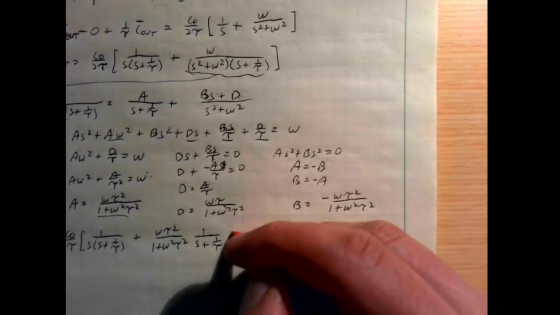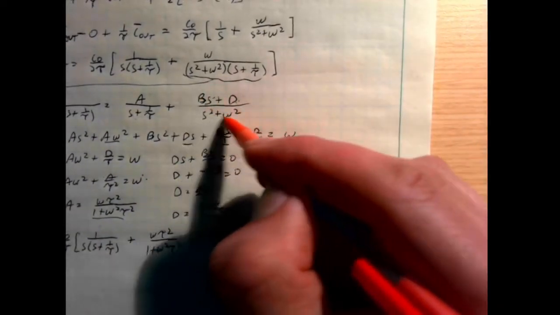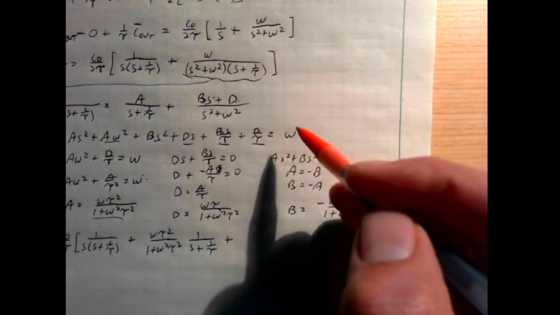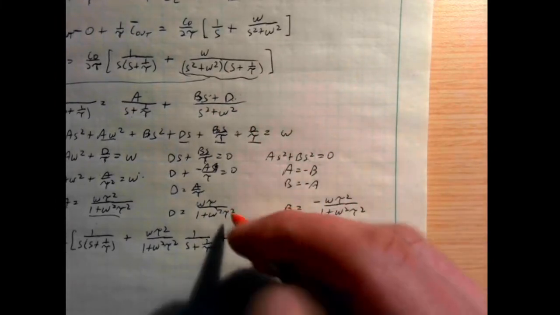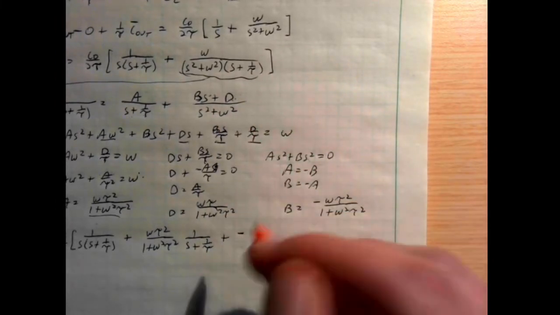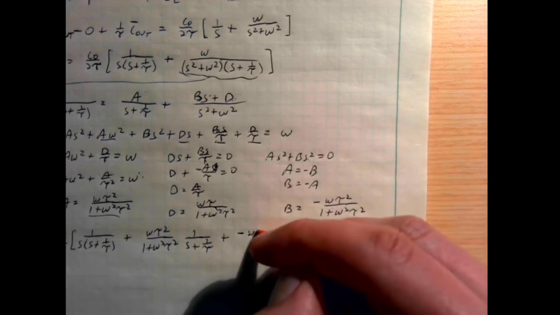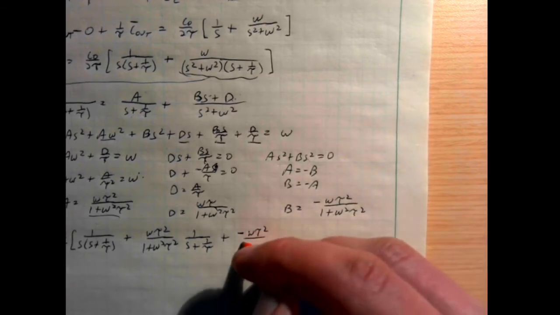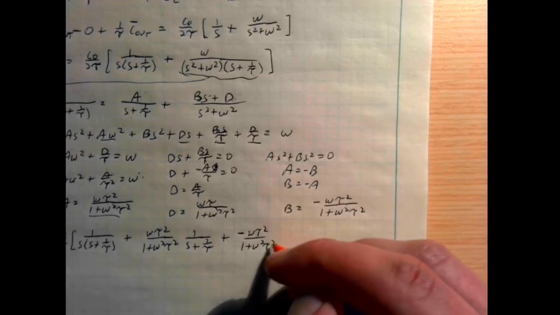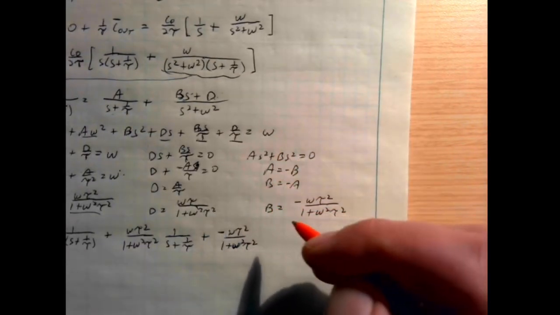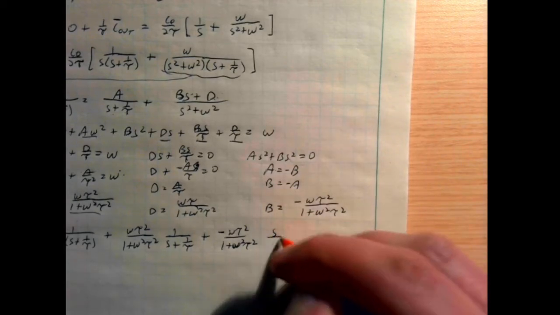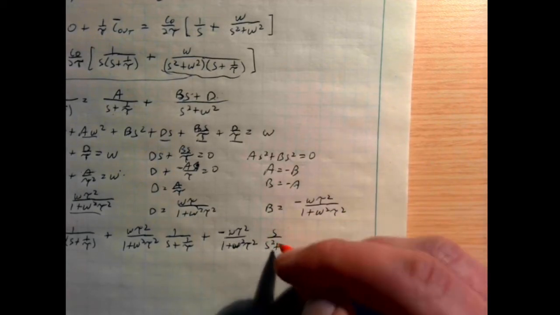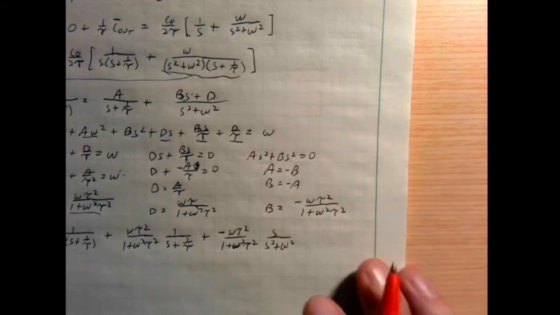So that's A, and then I have the BS over that S squared plus omega squared term. So that's going to be a minus omega tau squared over 1 plus omega squared times tau squared times S over S squared plus omega squared.